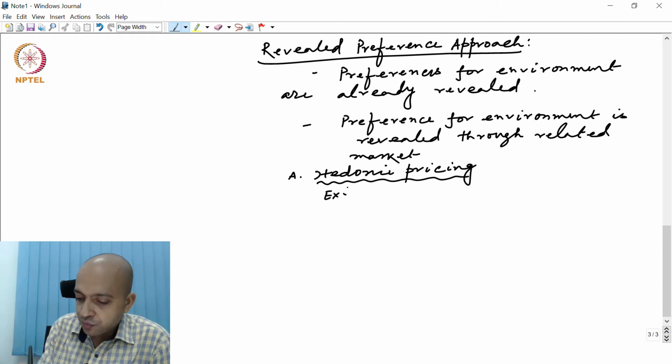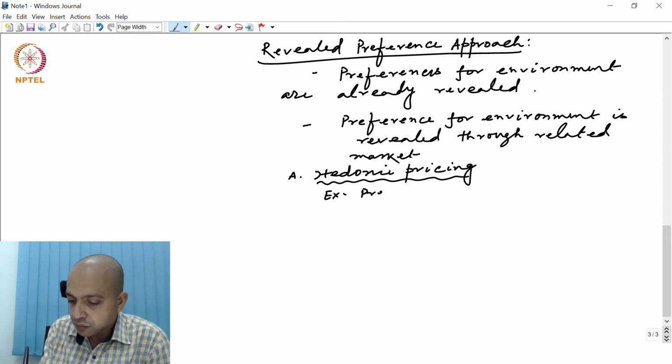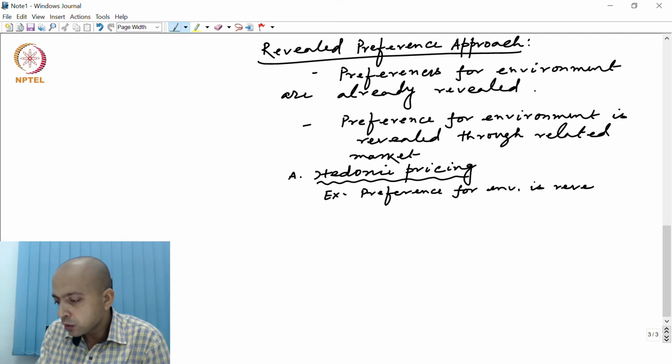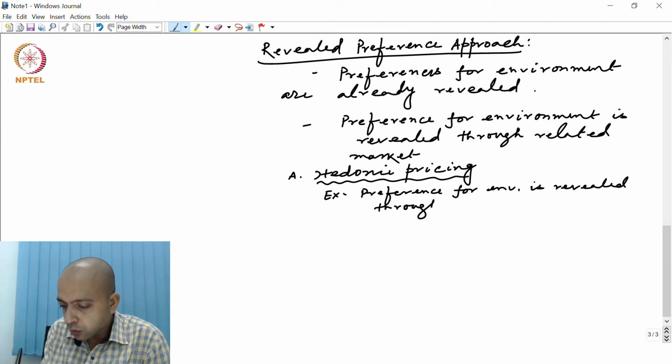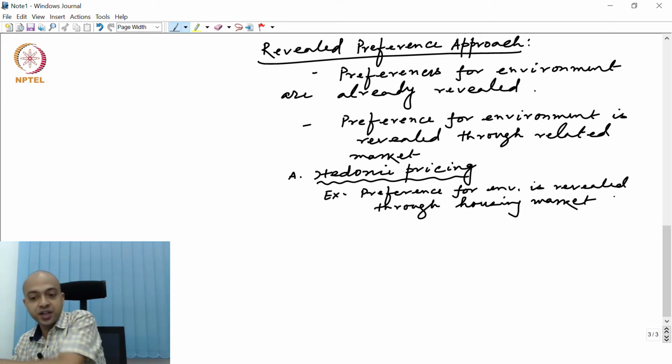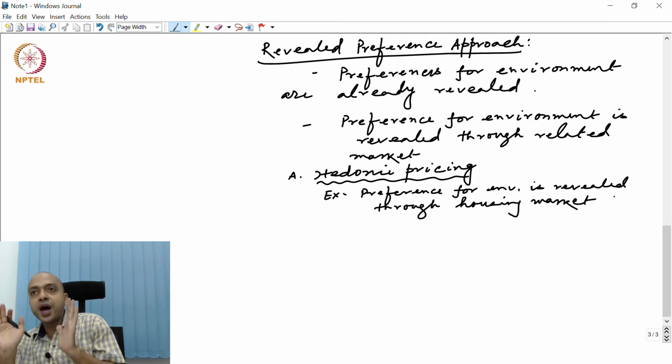Okay, so that means we can say that preference for environment is revealed through housing market. How to determine? We will discuss in detail when we talk about hedonic pricing, right? So basically, I am giving you the idea. Price of a house depends on two things.